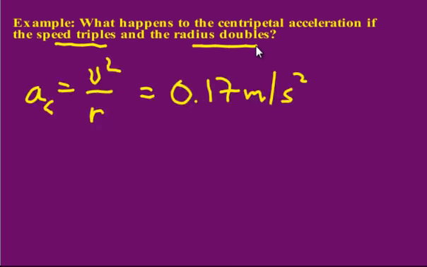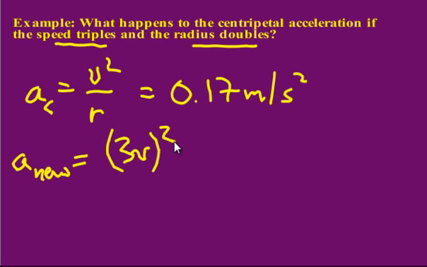Okay, you see on the screen the acceleration from the previous page. We worked it out to be 0.17 meters per second squared. Now watch how I'm going to do this to get my answer. For the new acceleration, I'm going to write it out this way. I'm going to write a new, and I know that the new speed is 3 times the original speed, so I'm going to write that like this, 3v, and that's going to get squared.